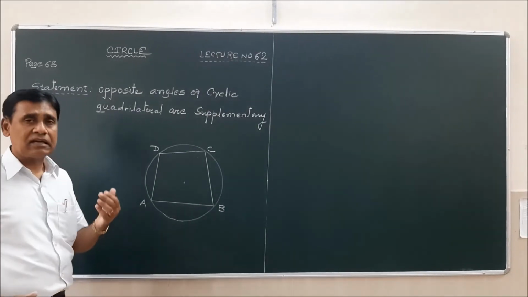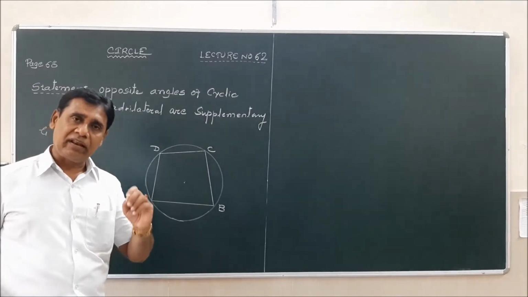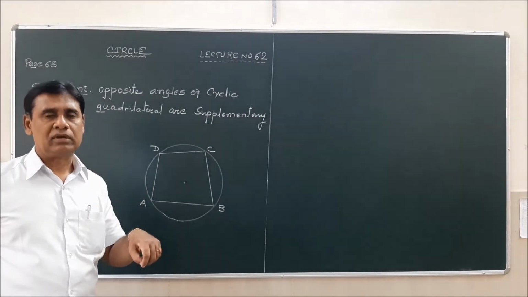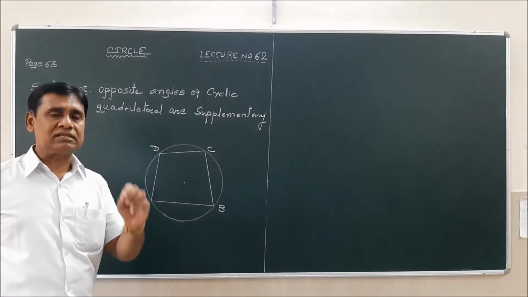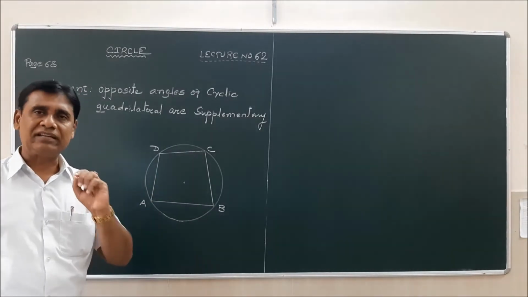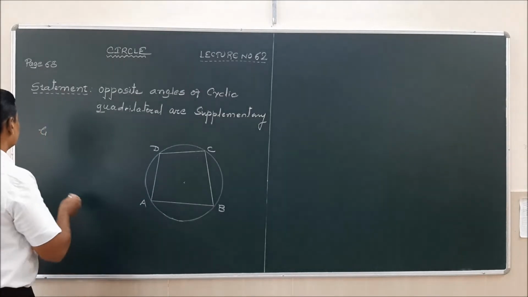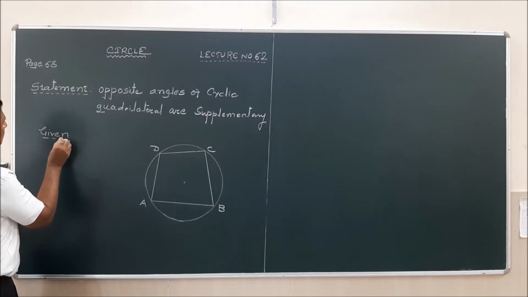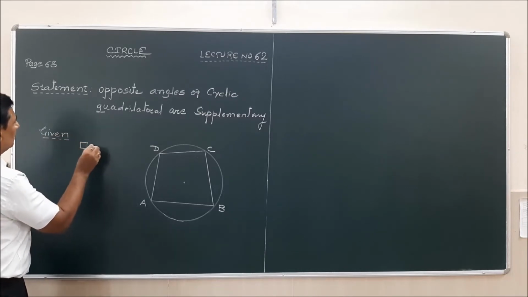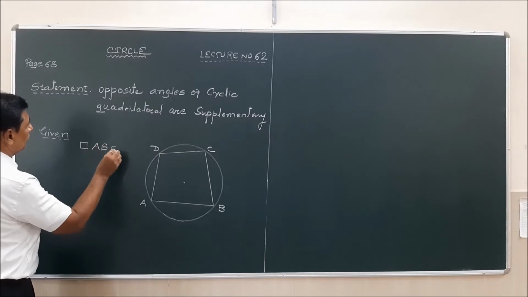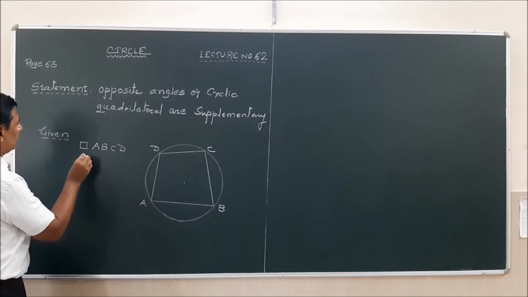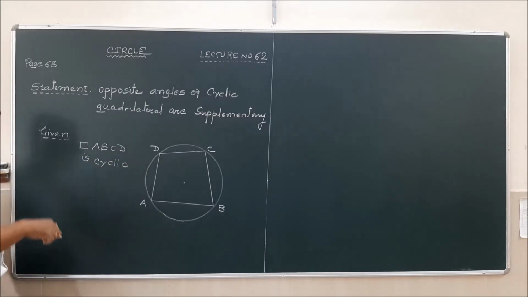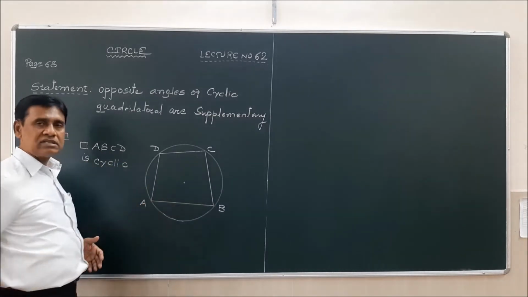And as I stated earlier also, whenever you write the proof of the theorem, you should write same as it is given in the text. That is mandatory. So you will find, given: quadrilateral ABCD is cyclic. Cyclic means all its vertices are lying on the circle. Okay.